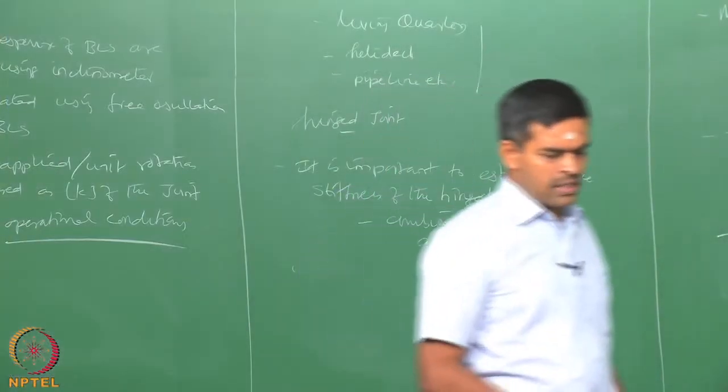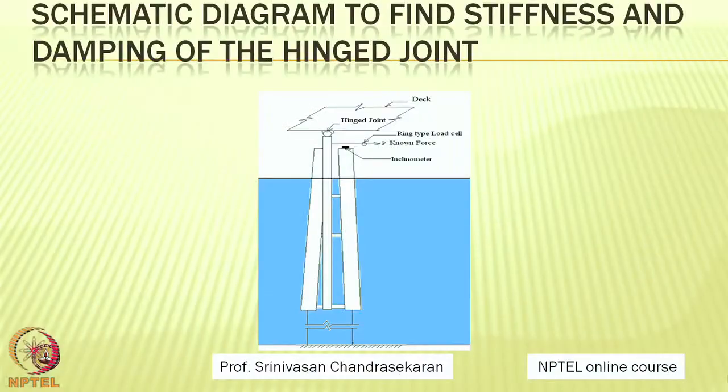Now, friends, please pay attention to the sketch shown on the screen now. The sketch shows a schematic diagram to find the stiffness and damping of the hinged joint. You can see here the deck and the BLS units are connected schematically with the hinged joint.